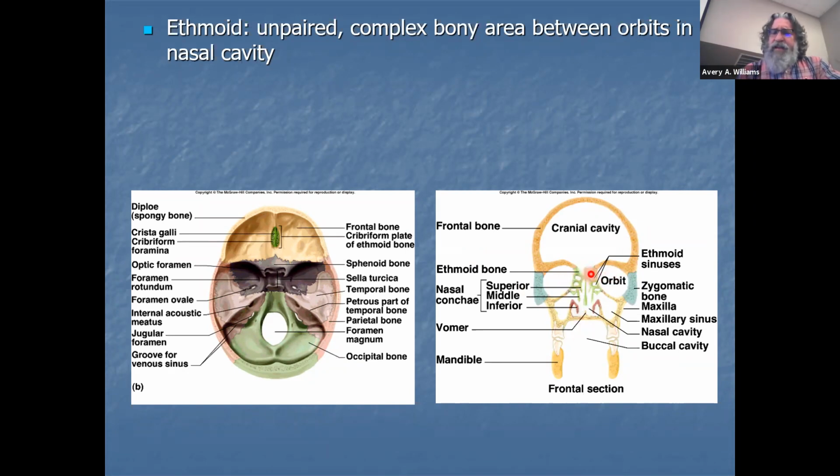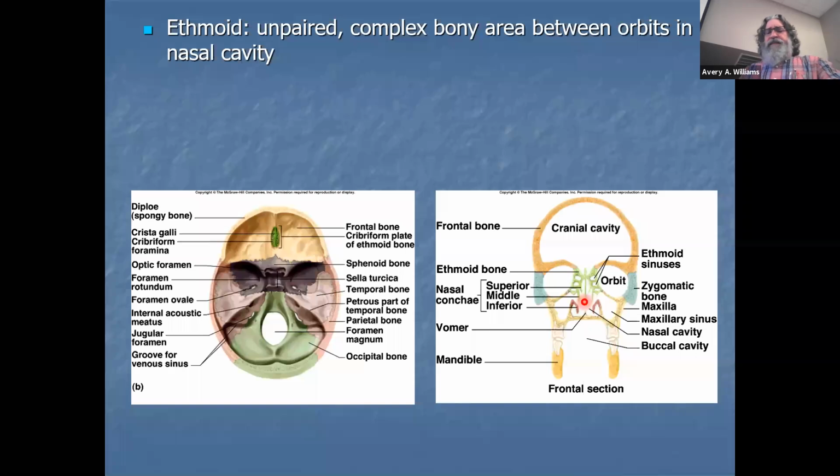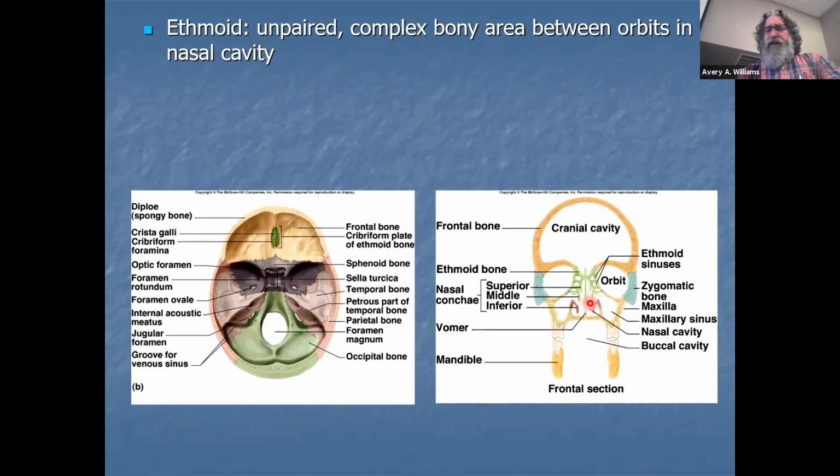From here up is the cranial cavity. This space right here is behind your nose. When you breathe in through your nose, this is the passageway the air takes. Like I said, this is a complex bony area, and it's kind of hard to see.